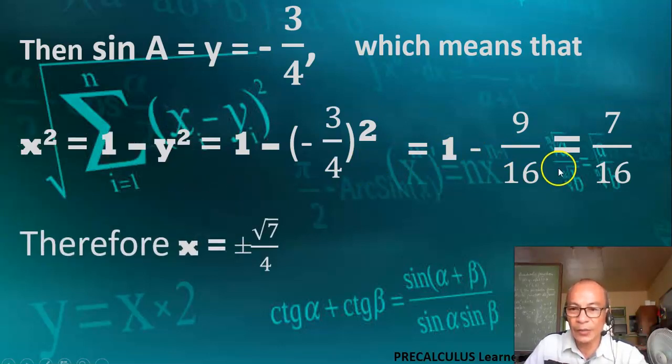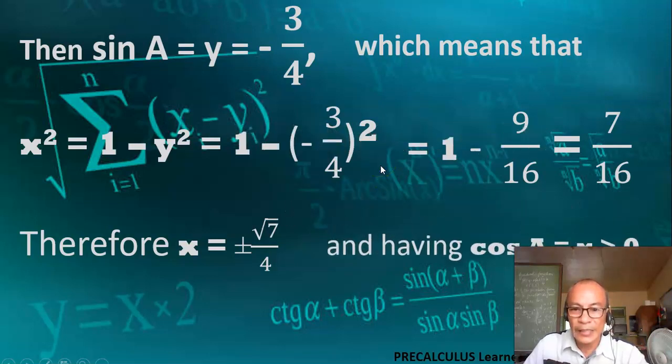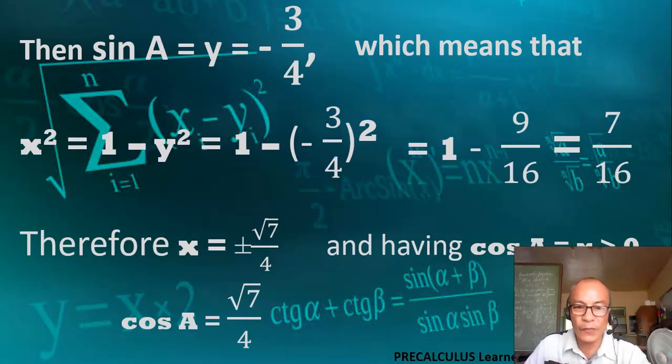Therefore, extracting the root of this, the value of x would be plus or minus the square root of 7 over 4. Now, since we have cosine A is equal to x greater than 0, cosine A is equal to square root of 7 over 4. So, yun po ang value ni cosine. Thank you.